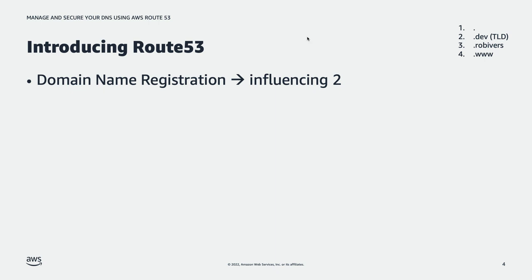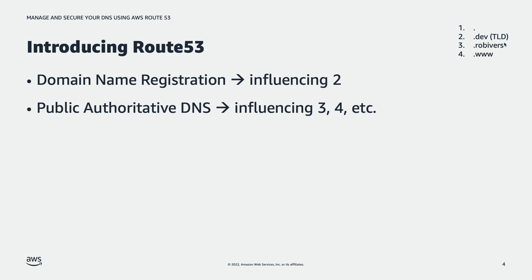And we'll do that through two main things that we can do with Route 53, which is one, domain name registration, which will influence the behavior of number 2, so our top level domain. And we can do that through public authoritative DNS. So that is influencing all the behaviors of 3 and below, right?